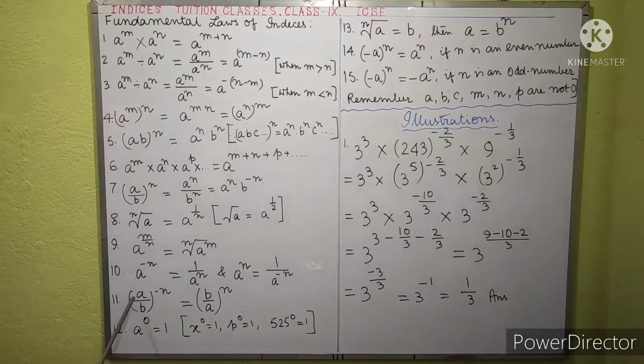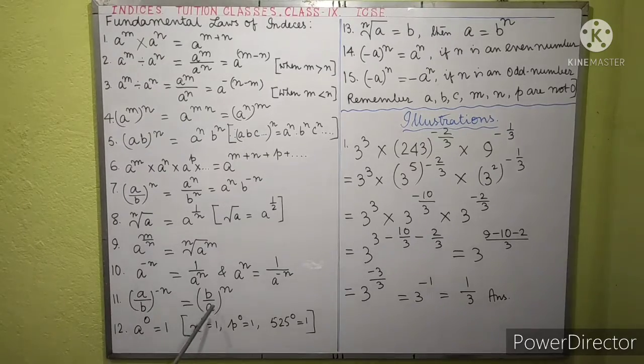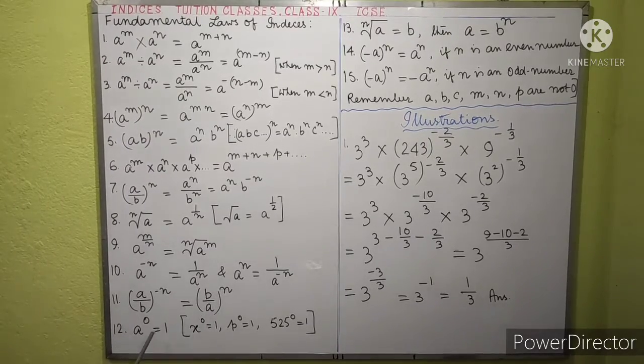Number 11, a by b to the power minus n equal to the reciprocal of a by b, that is b by a to the power n. Again, a to the power 0 equal to 1, similarly x to the power 0 equal to 1, p to the power 0 equal to 1, and any number, any integer, to the power 0 equal to 1.